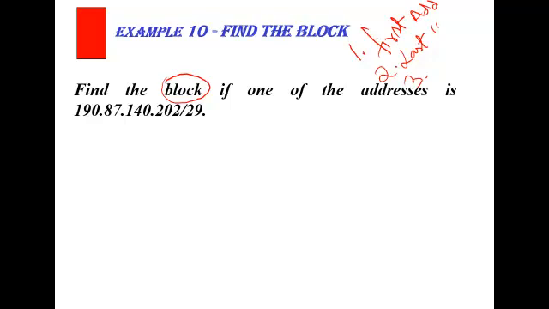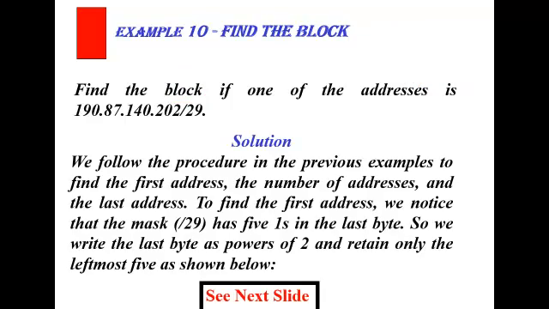And number three, the total number of addresses in the given block. In previous examples, we have seen it specifically mentioned to find the first address, last address, or number of addresses, and we can handle them separately. Now a simple question is there: find out the block. So one by one, we will find each of the three things, following the procedure of the previous examples: find the first address, the number of addresses, and the last address.